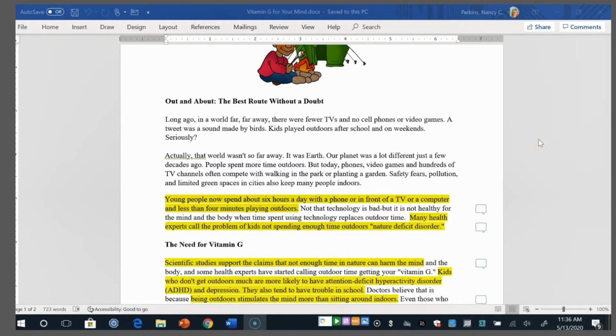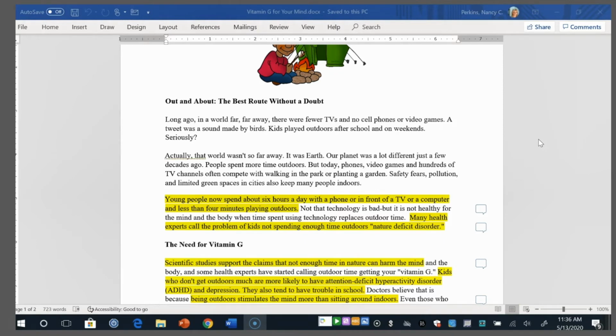Long ago, in a world far, far away, there were fewer TVs and no cell phones or video games. A tweet was a sound made by birds. Kids played outdoors after school and on weekends. Seriously? Actually, that world wasn't so far away. It was Earth. Our planet was a lot different just a few decades ago.